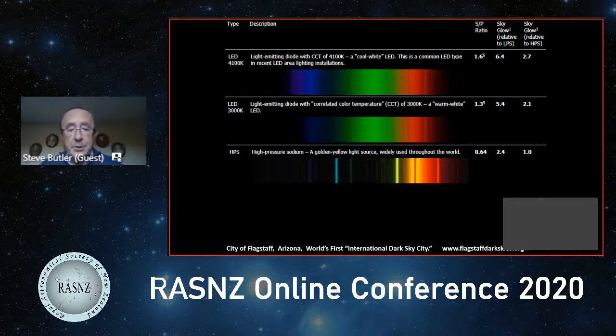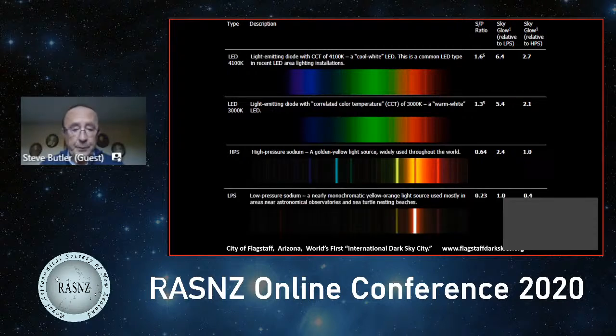Here's the high pressure sodium that we're moving away from, and you can see that it's very yellow, red rich, with almost no blue in it at all. That's what our standard lighting is at the moment, or was before the LED changeovers.